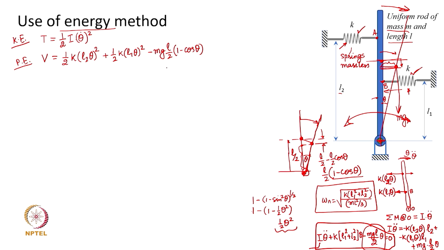And then I can rewrite this as half k L2 theta square, or maybe I can write this as half k (L1 square plus L2 square) theta square minus mg L by 4 theta square, because 1 minus cos theta is replaced with half theta square.